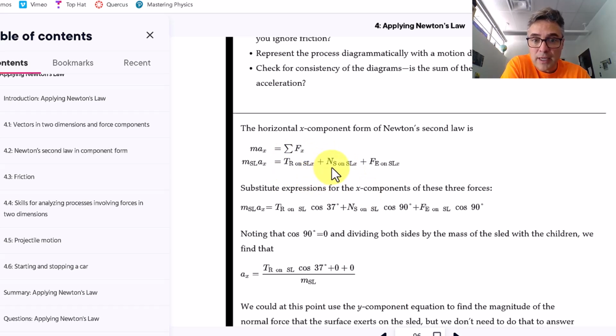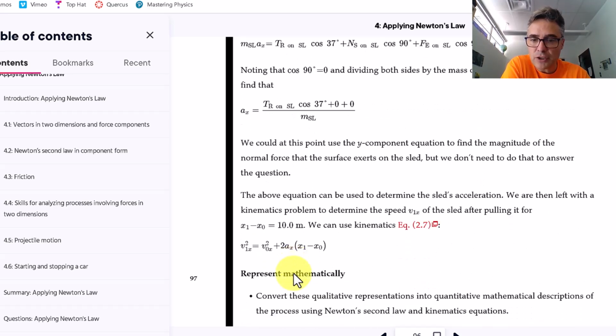The normal force has a cos 90 here, so it is 0 in the x direction. Gravity is another cos 90, so it is 0 in the x direction. All you have is cos 37 times the tension, which gives you the x component of the tension.